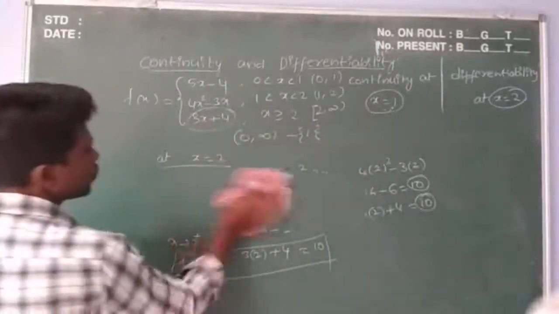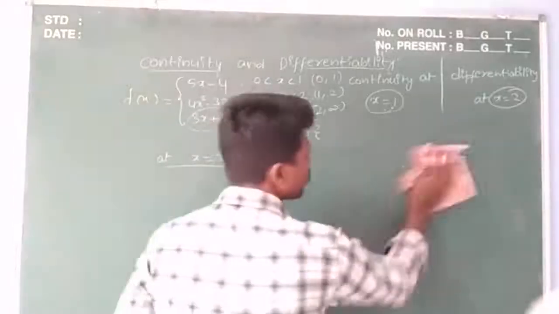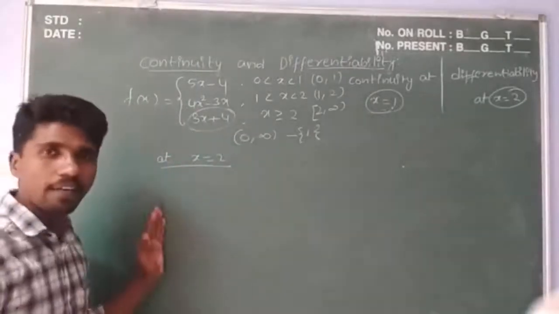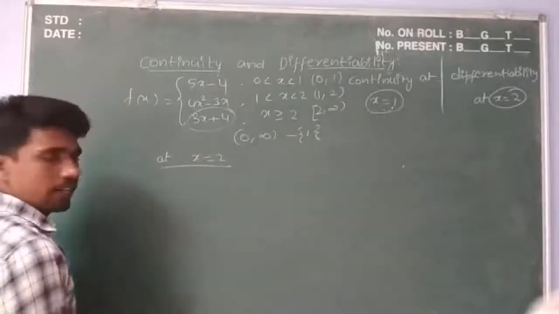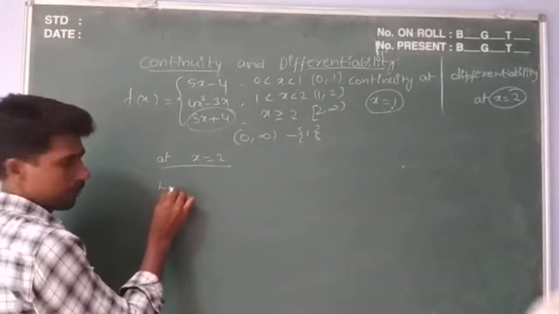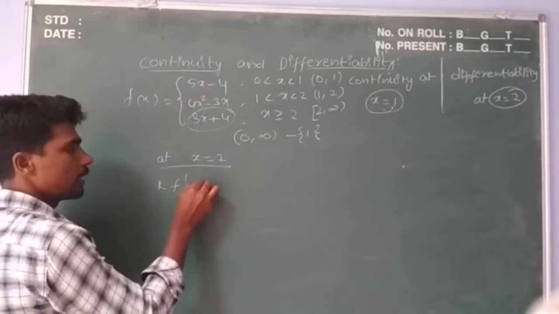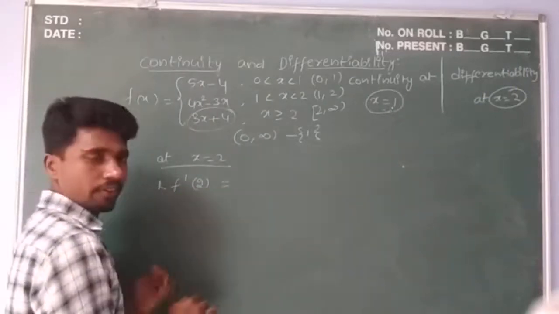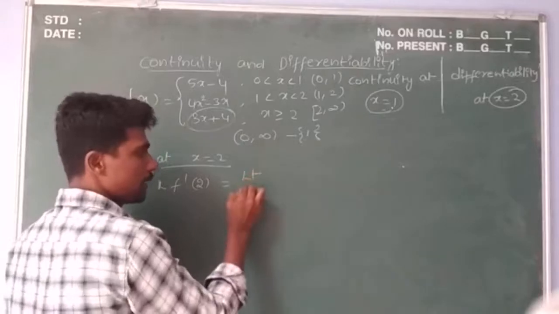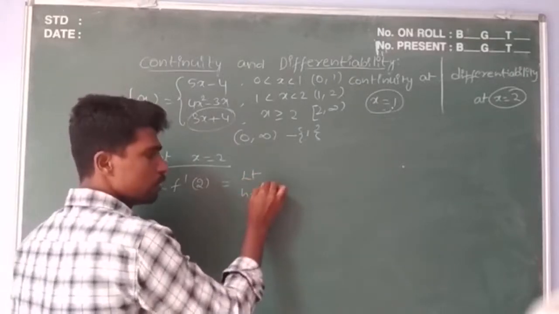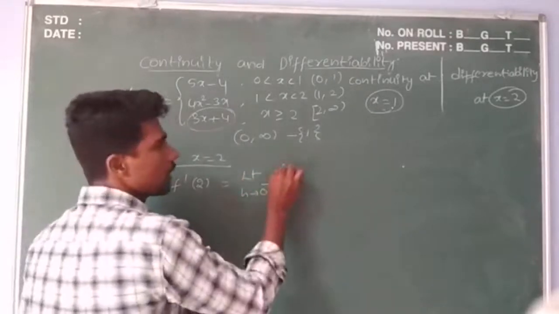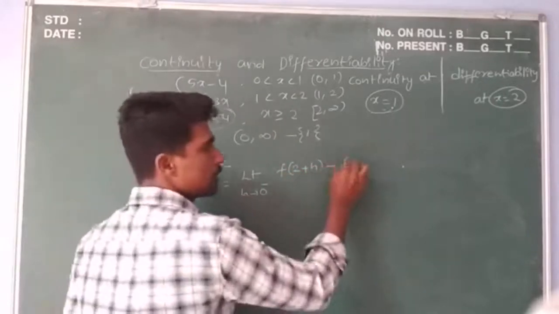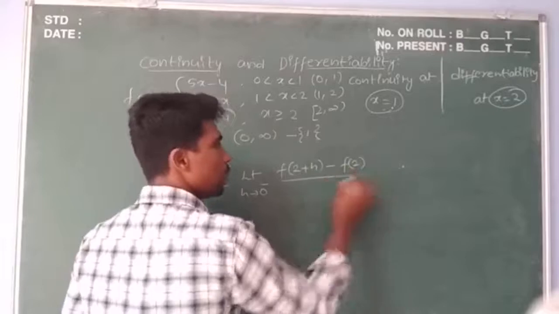At 2, if I want to find differentiability, I need the left derivative and the right derivative. So first I am going to find the left derivative of the given function at 2. The left derivative at 2 is equal to limit h tending to 0 minus f of 2 plus h minus f of 2 by h.